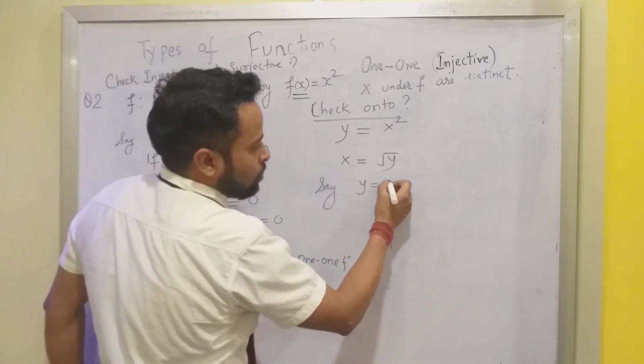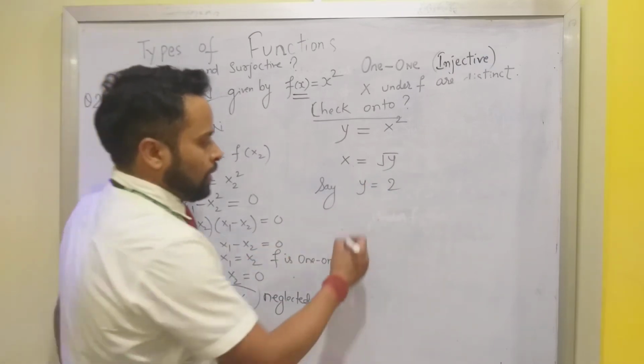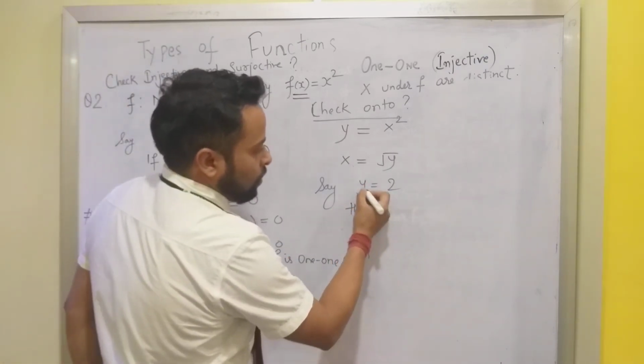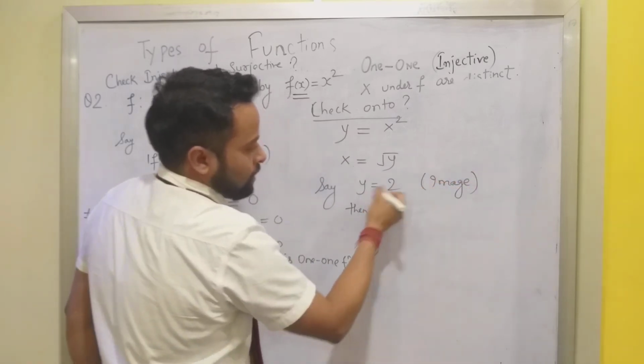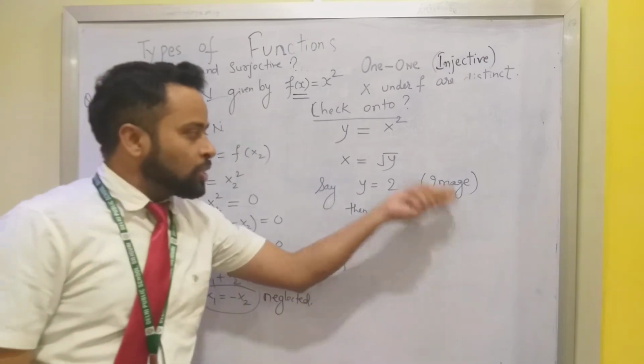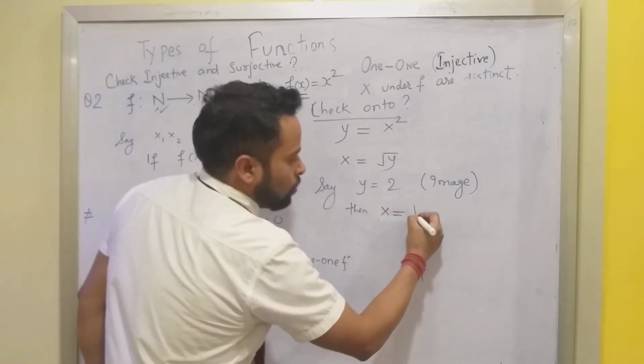Say y equals 2. I'm taking one natural number y as 2. Then the image is 2, and I need its pre-image. So x equals root over 2.